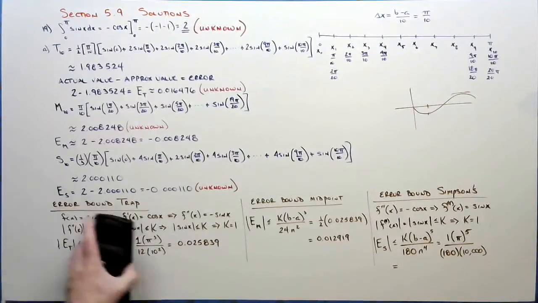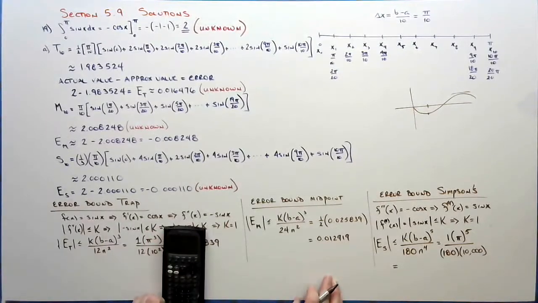So if I grab my calculator here, I have a numerator of pi raised to the 5th power divided by 180 divided by 10,000. And I get an upper bound. Remember now, this is my upper bound, 0.00170.